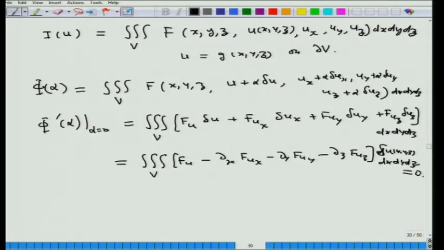And then we apply the generalized form of the lemma of the calculus of variations for 3 dimensions.